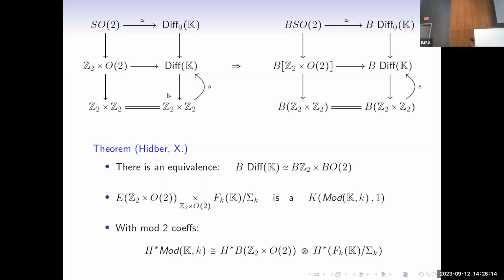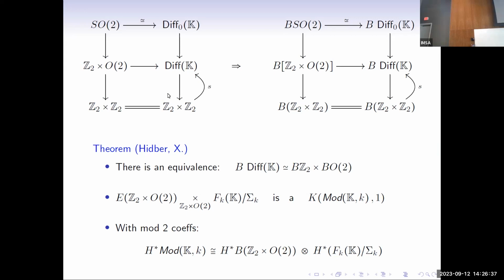And you can get its cohomology in terms of the cohomology of the classifying space of this product and the cohomology of the configuration space of distinct points in the Klein model.